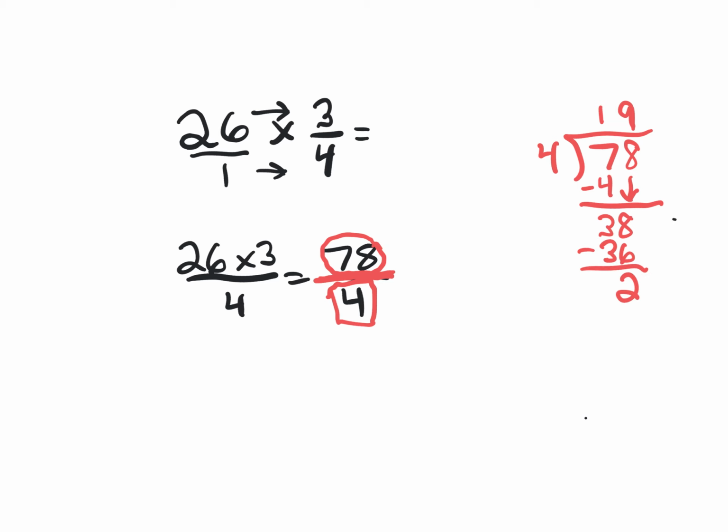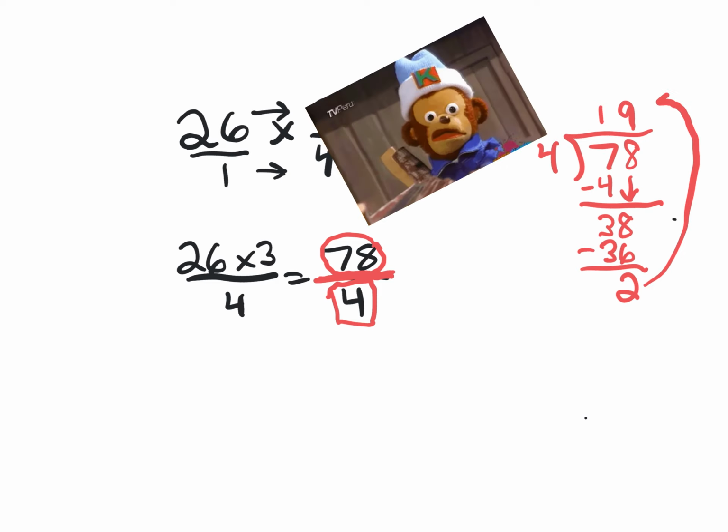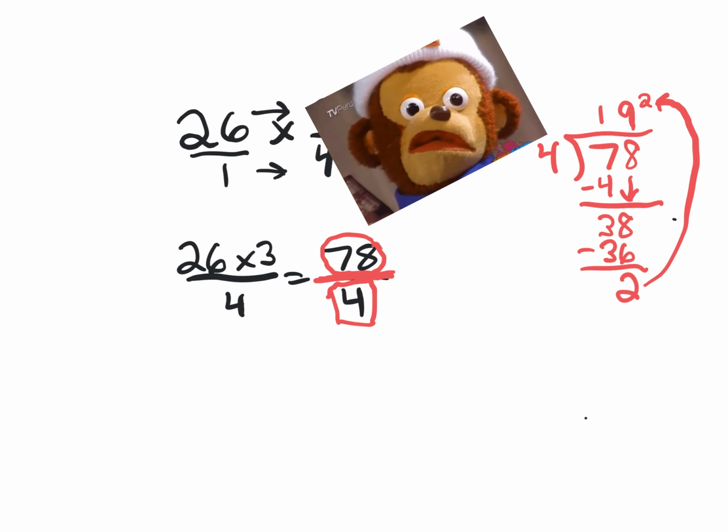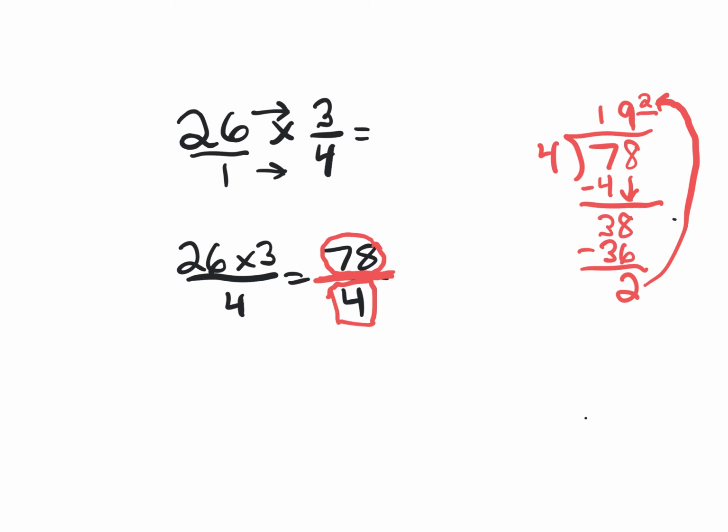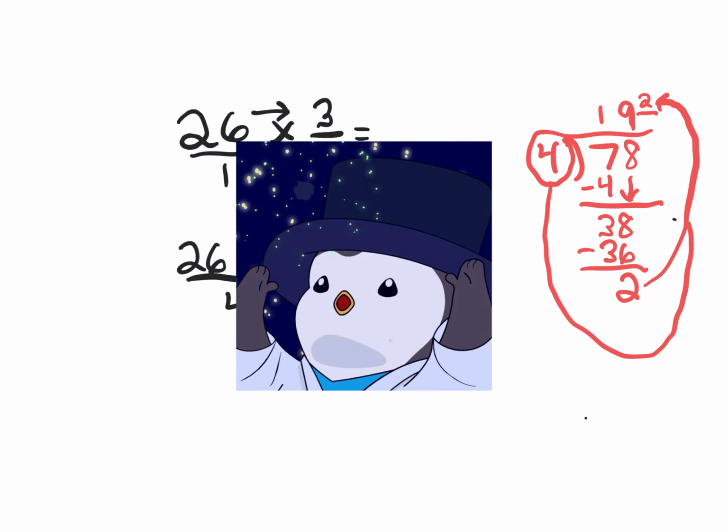Now, when we're dealing with fractions, our remainder will actually become our numerator. And any ideas what our denominator is going to be? Well, if you said the divisor, you are correct. So the divisor is going to become our denominator.